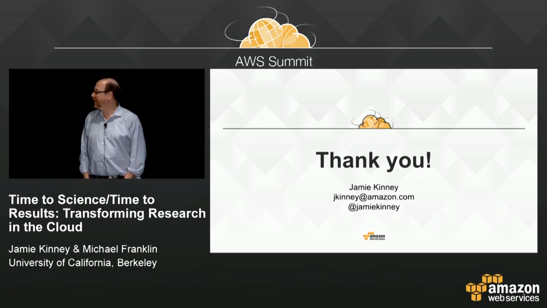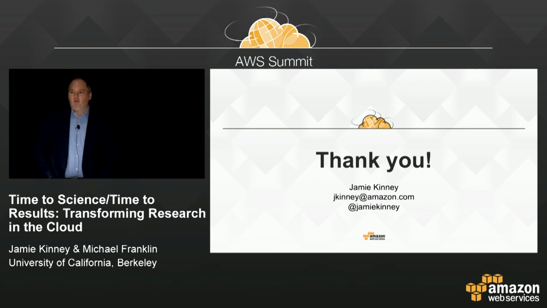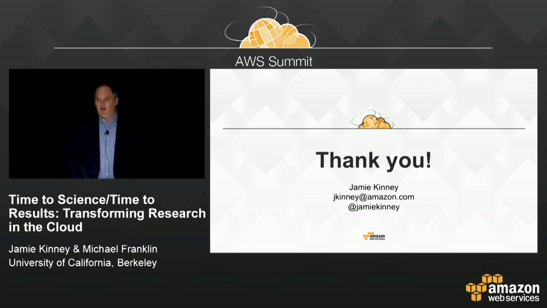I'll just add to that a little bit. Amazon, actually at the invitation of the AMP Lab, got involved very early on with the Global Alliance for Genomics and Health, GA4GH.